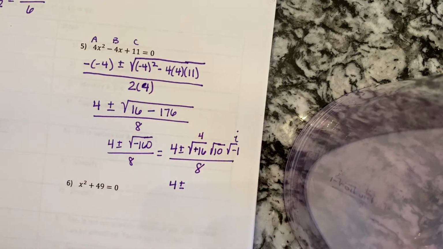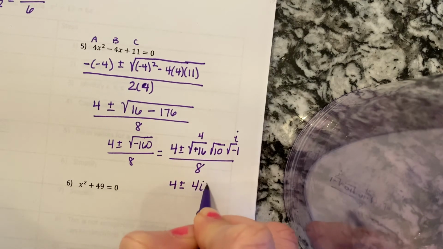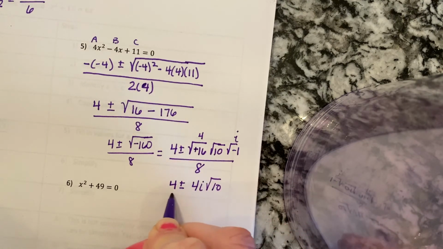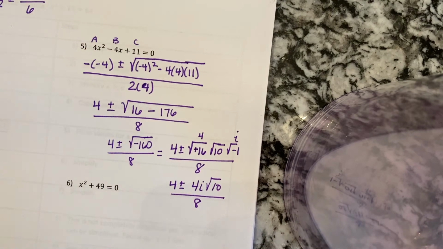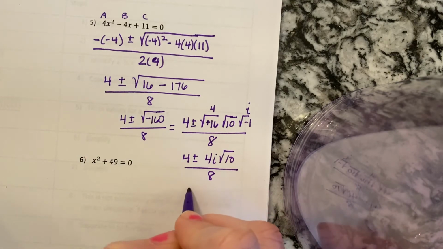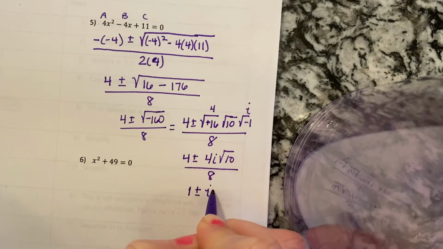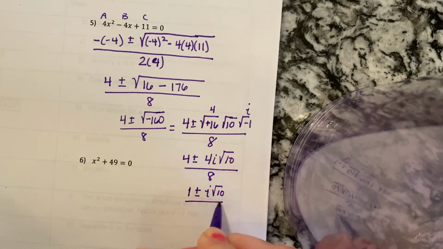This guy simplifies to i. So it's going to be 4 plus or minus 4i radical 10 all over 8. And then you've got a 4 and a 4 and an 8. Those can all be divided by 4. So you get 1 plus or minus i radical 10 all over 2.